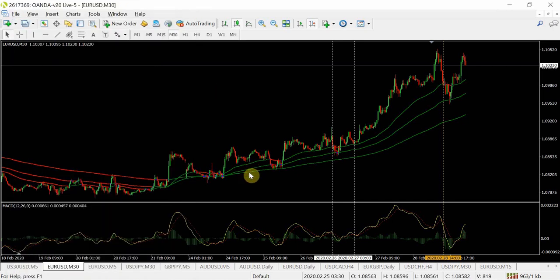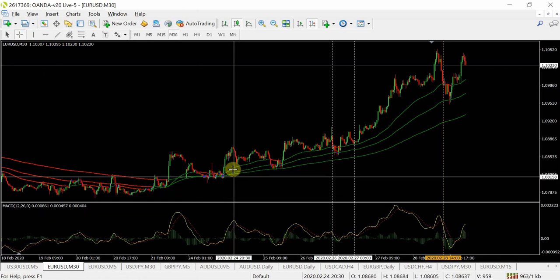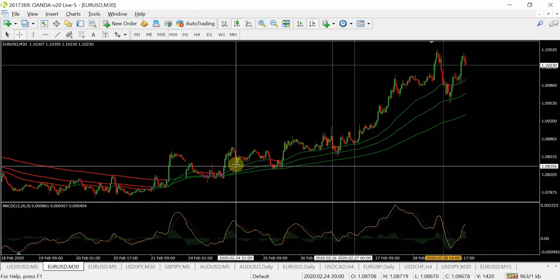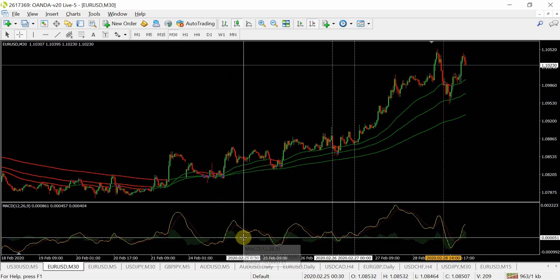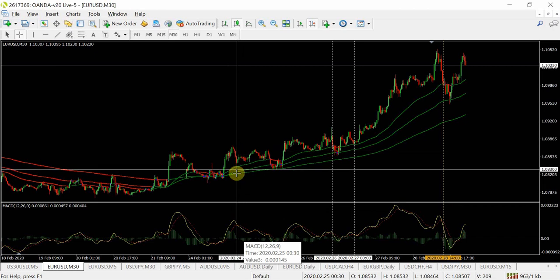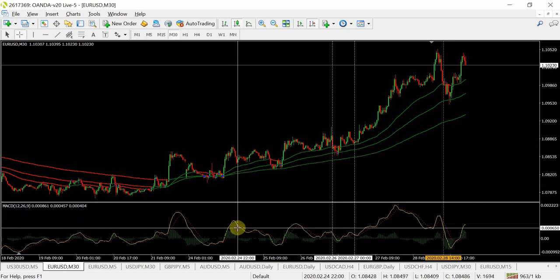If we take here, for example, you can see that three EMAs are above, MACD is above the zero line, the zero line is over here, and then we have a crossover around this point here.